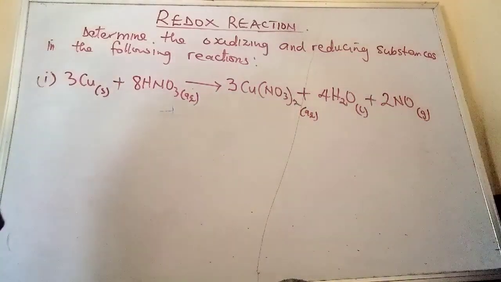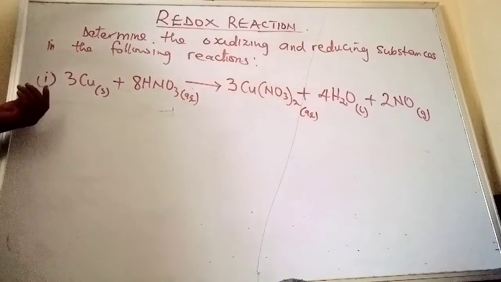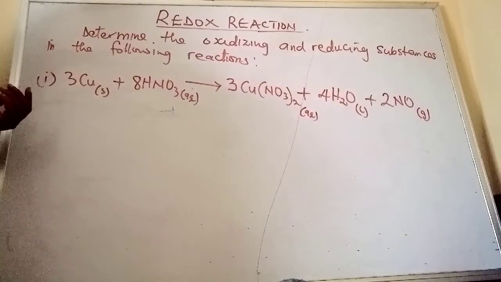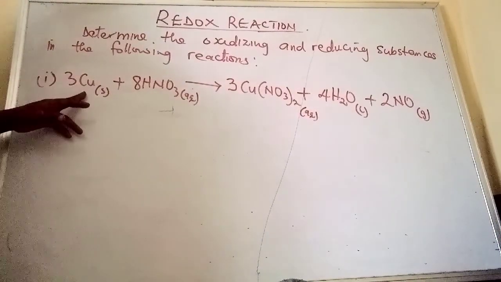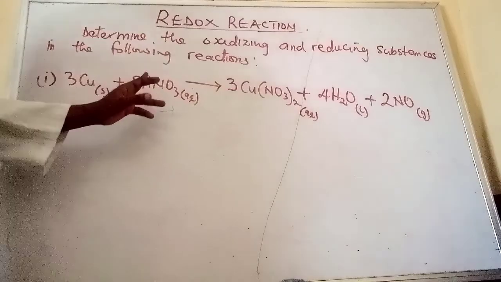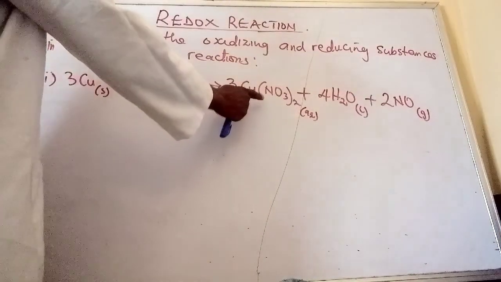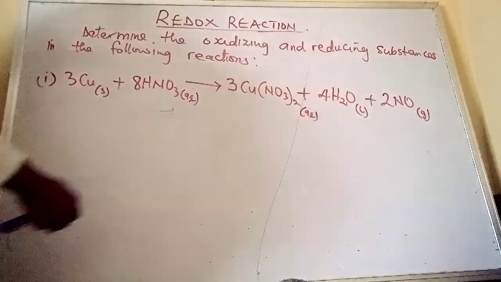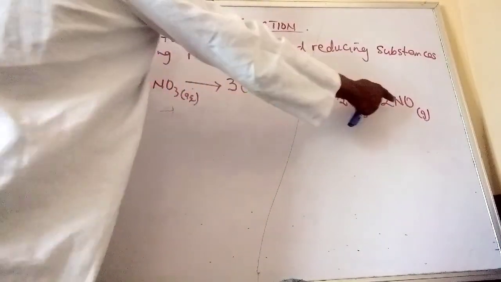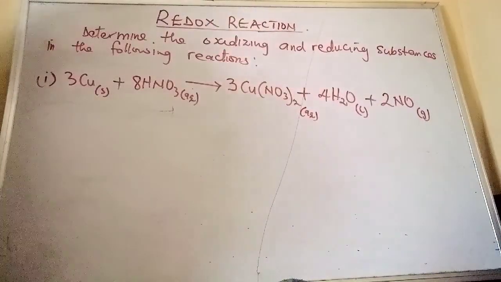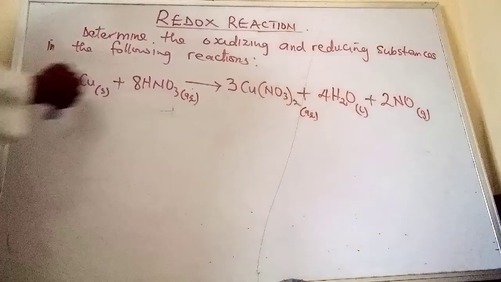Now, let's have a look at the first equation of reaction. Copper reacting with nitric acid to produce copper(II) trioxonitrate(V), water and nitrogen(II) oxide. So this is the reactant side.